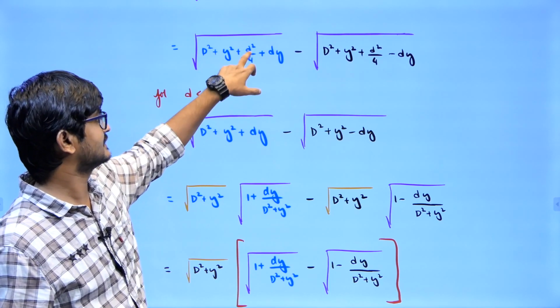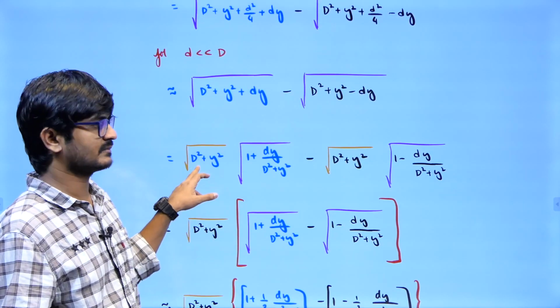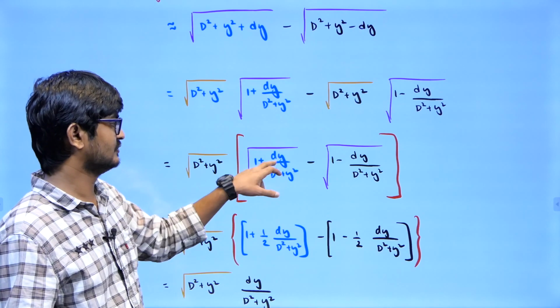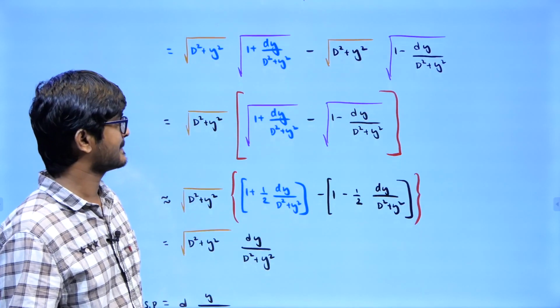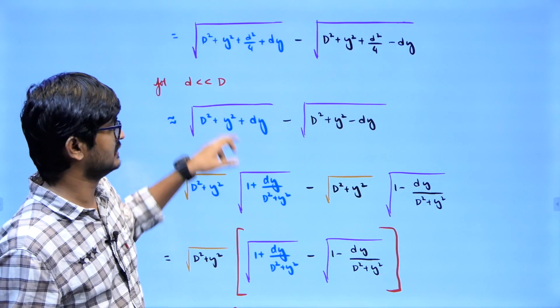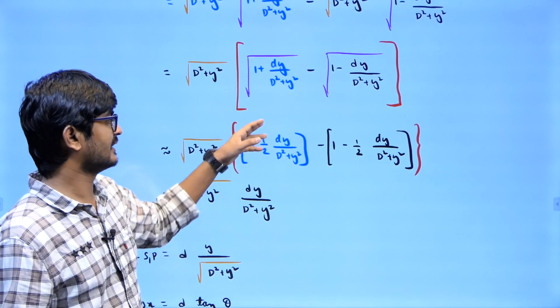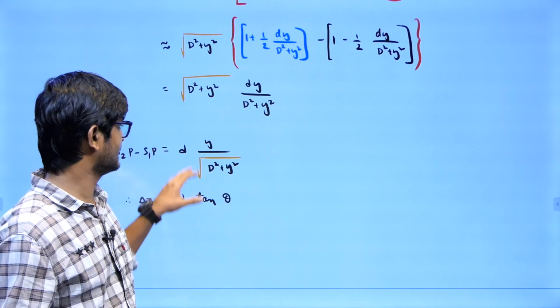So I can neglect this term, so it will turn out with this, it will turn out with this. Now I am taking root of D square plus y square common, and I am using the binomial approximation because this small d is coming into the picture, which is very small. So I can say this is much less than 1. So when I do the binomial approximation, I will be getting something like this.